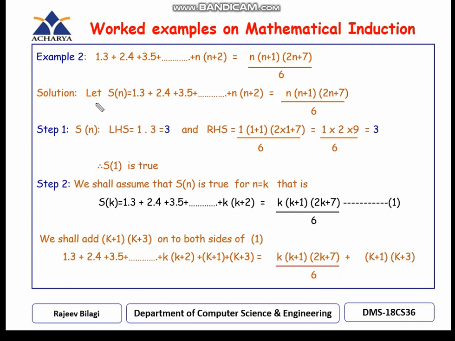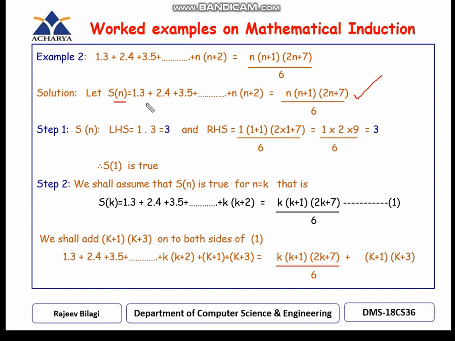As usual, I will write this as S of n. So S of n is equal to this particular statement 1.3 plus 2.4 plus 3.5 up to plus n into bracket n plus 2, which is equal to n into bracket n plus 1 into bracket 2n plus 7 by 6.